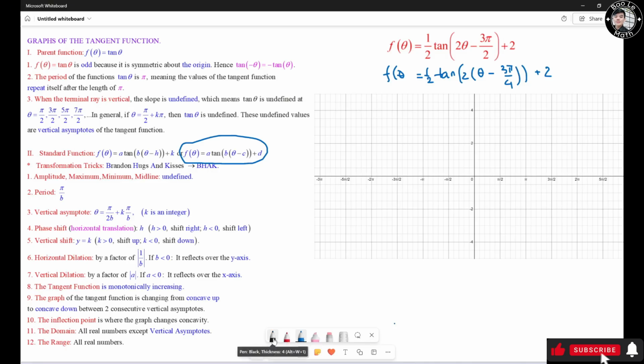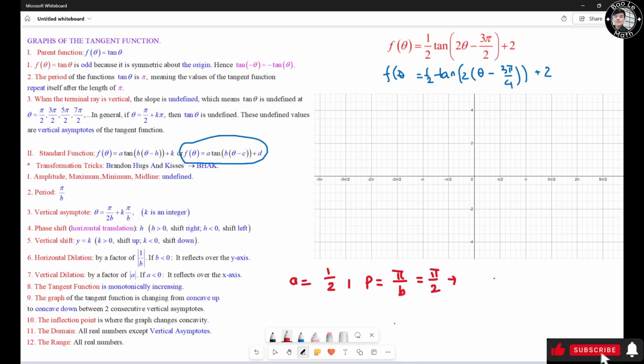Now, we need to identify the vertical dilation, right? So we have A equals 1/2, right? And the period is going to be pi over B, right? Now B equals 2, so it turns out to be pi over 2, right?